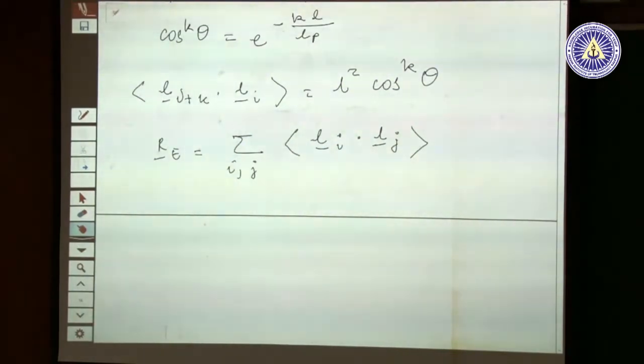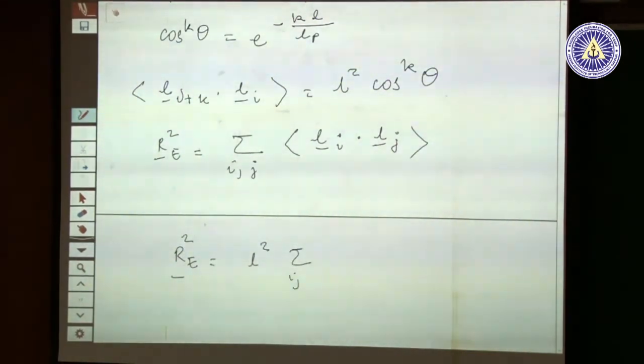Okay, so from the argument that we have just made, you can see that Re, sorry, this is Re squared. From the fact that I had Li plus k and Li, here I have I and j, and so j is I minus j away from I. So, I can write this as L squared sigma over i, j of cos to the power of modulus I minus j theta.